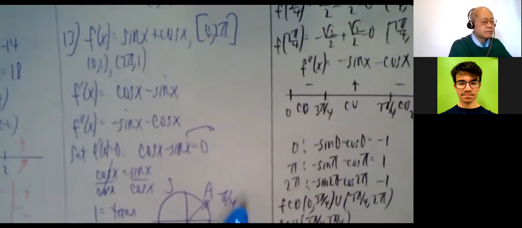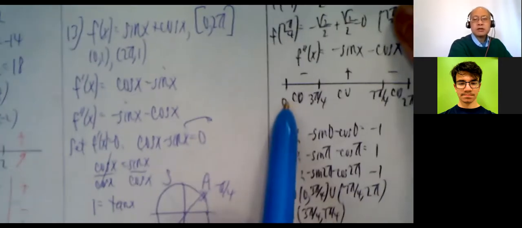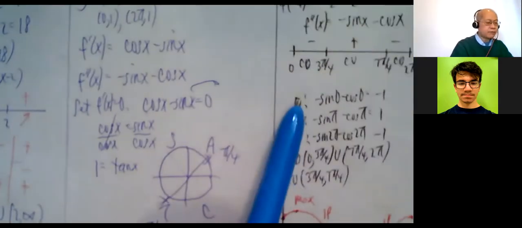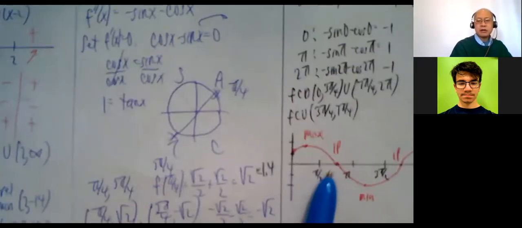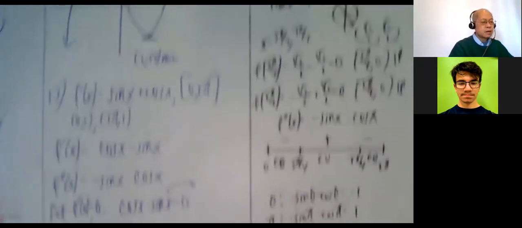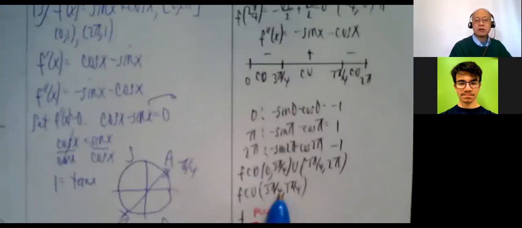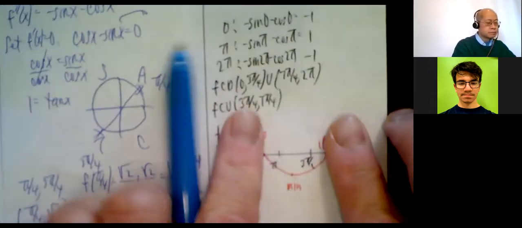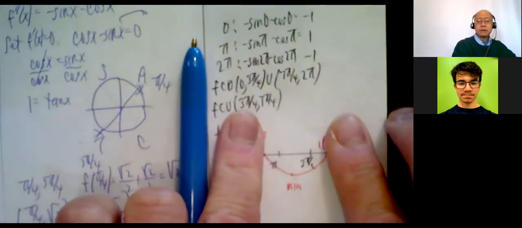Concavity starts off concave down up to 3π/4. So right up to here, inflection point, upside down U-shape. Then from 3π/4 to 7π/4, U-shape in between here.